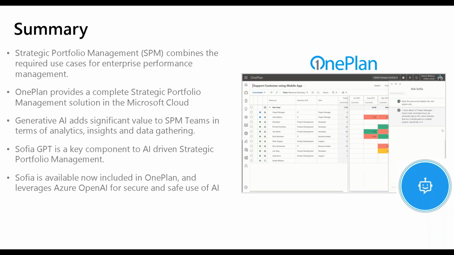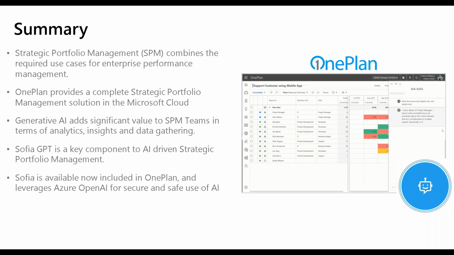You saw that through the demonstration of the results from Sophia GPT, and we think it's going to be a key component to strategic portfolio management in terms of accelerating the analysis and data input that project managers, PMO leads, resource managers, and strategy leads have to work with within SPM.